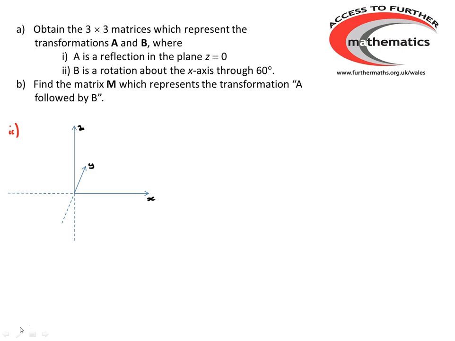Similarly, for the rotation matrix, we've got to do a rotation about the x-axis through 60 degrees. So again, it's a good idea to start off by saying, since we're doing a rotation about the x-axis, the point 1, 0, 0 is mapped to the point 1, 0, 0.